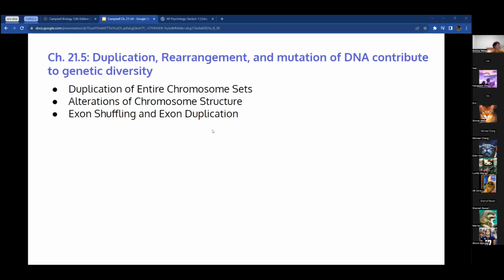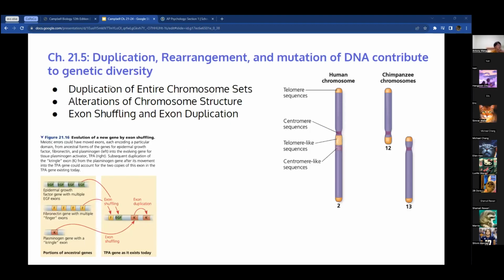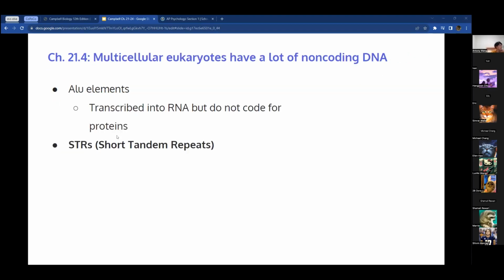Short tandem repeats are important in forensics, where different people have different numbers of short tandem repeats. You can use those numbers to determine if DNA belongs to one person or another.